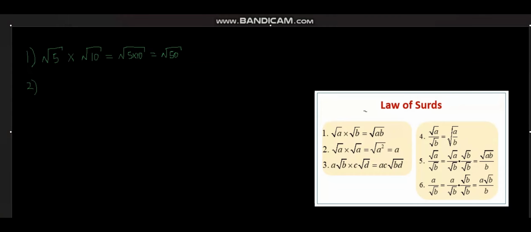The A, B, C and D in the laws here are any real number, so let's just make a note of that. A, B, C, D are elements of the real numbers.